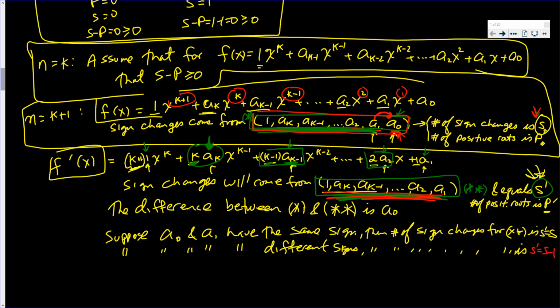So, since S prime is equal to S, or S prime is equal to S minus 1, what can we conclude about S prime?